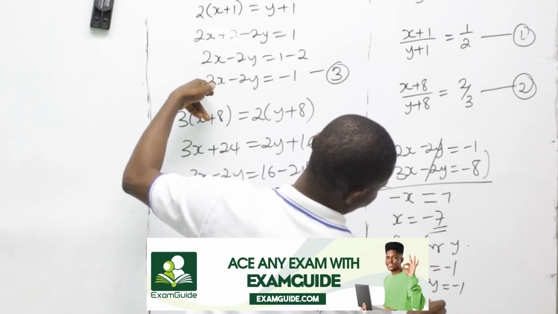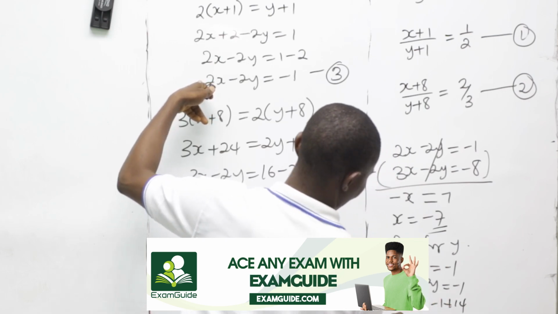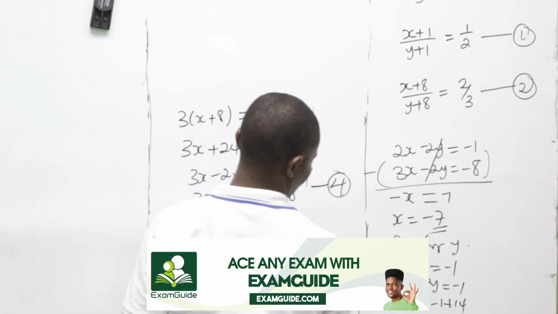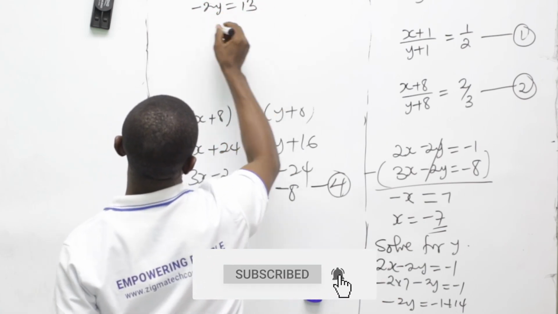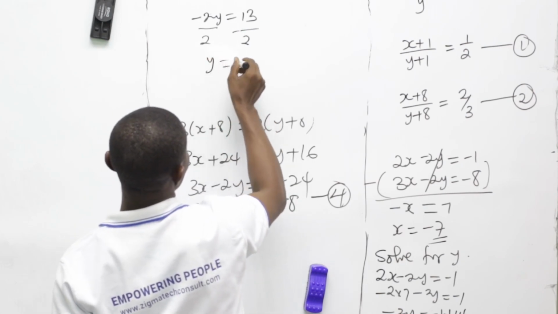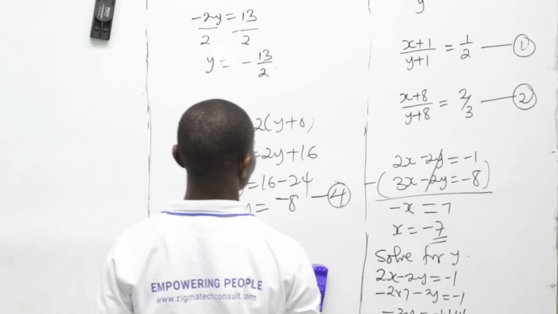Minus 2y equals minus 1 plus 14. Minus 2y equals 13. Divide through by this. Y is minus 13 all over 2.